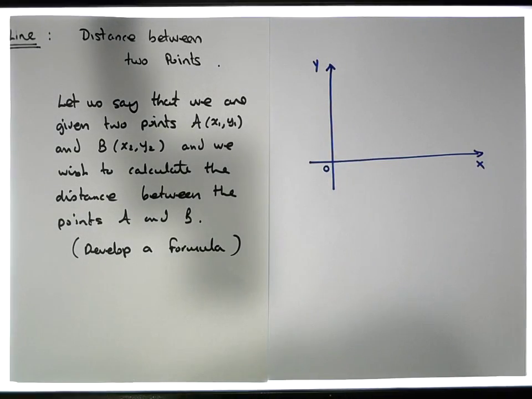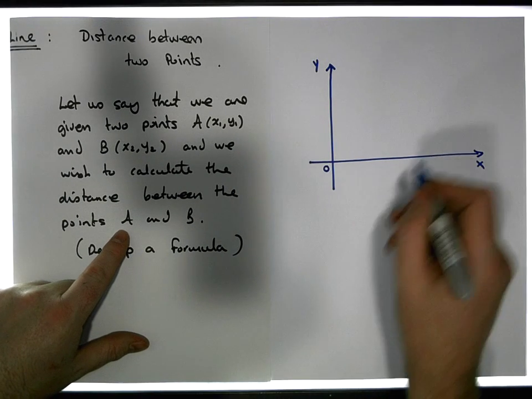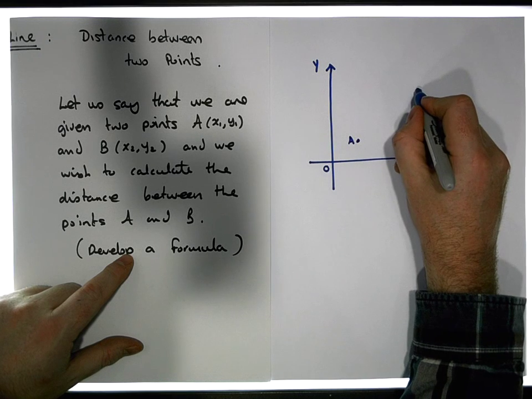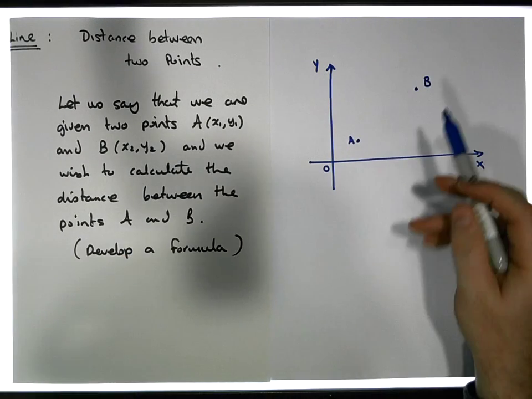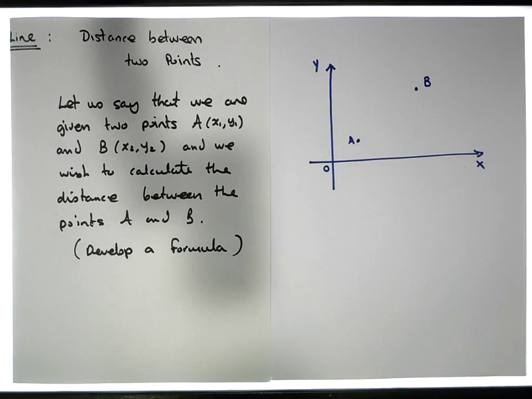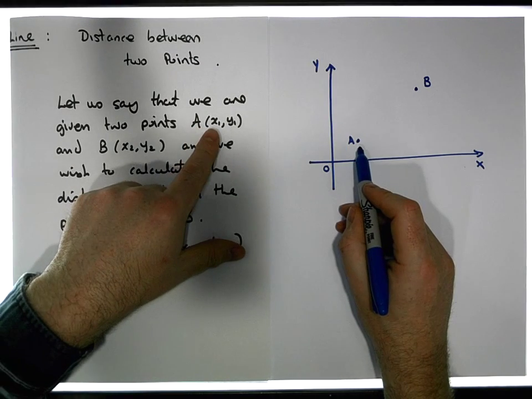We have 2 points, the point A and the point B. Let's say the point A is here somewhere, and for argument's sake the point B is up here somewhere. Without loss of generality, we can put those points wherever we want, but we'll build the argument from this perspective. Don't forget the point A has coordinates x1, y1.